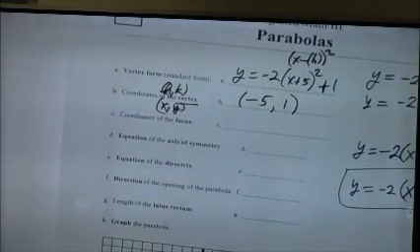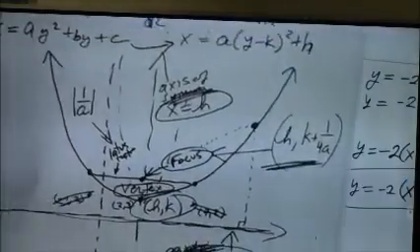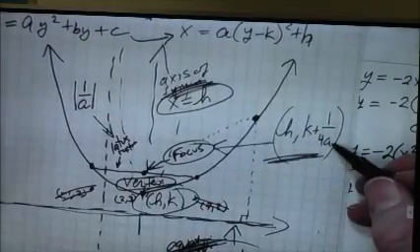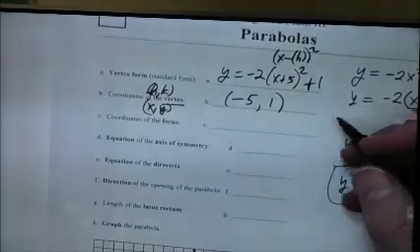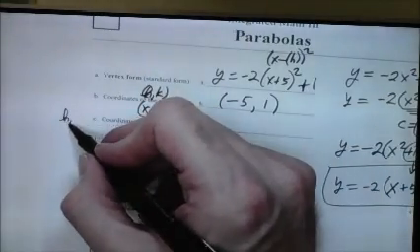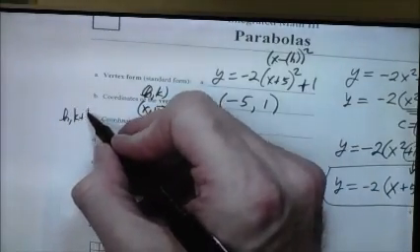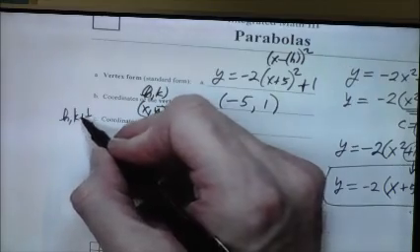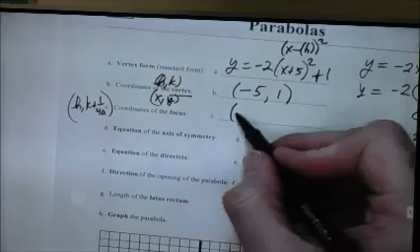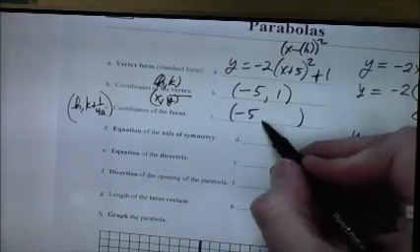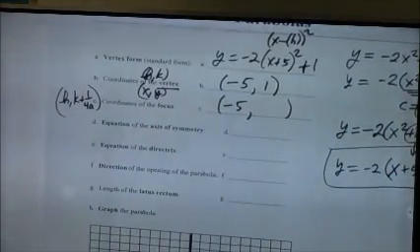Well, when I did this paper, I did this for a reason. To find the focus, you need to do this little thing. Okay? So I'm going to write that over here as h and k plus 1 over 4a. To remind myself, the h part's easy, it's going to be negative 5. It's this part that we have to figure out.